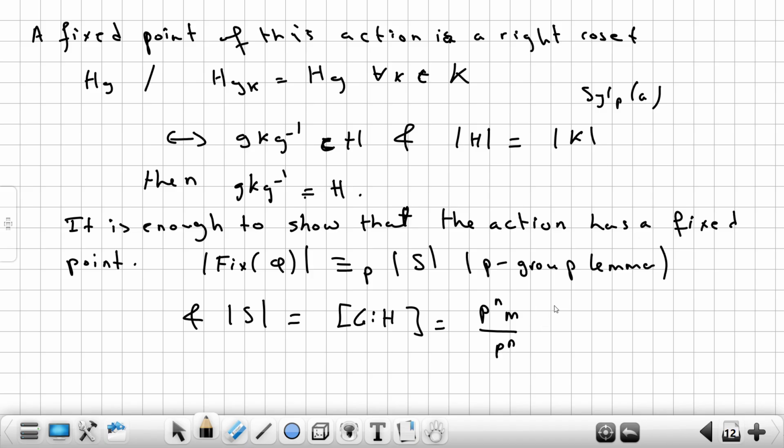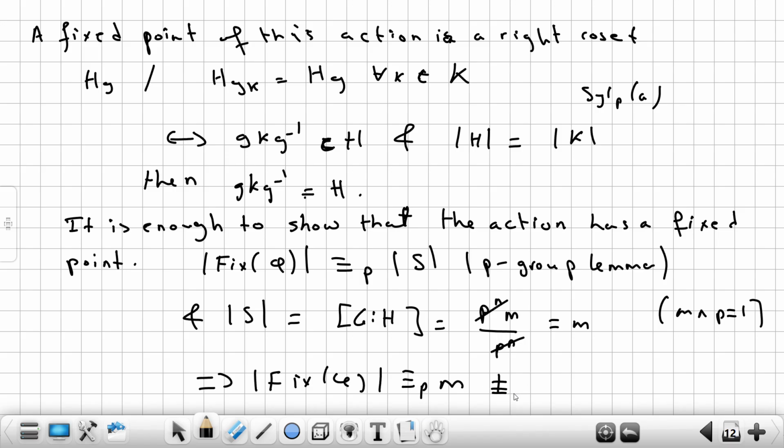Why? Since H is a Sylow p-subgroup. Okay, so p^n m over p^n is equal to m, which implies |Fix(phi)| is congruent modulo p to the order of S, which is m. This is different from 0, of course, or they're not congruent to 0 modulo p, since m and p are relatively prime.